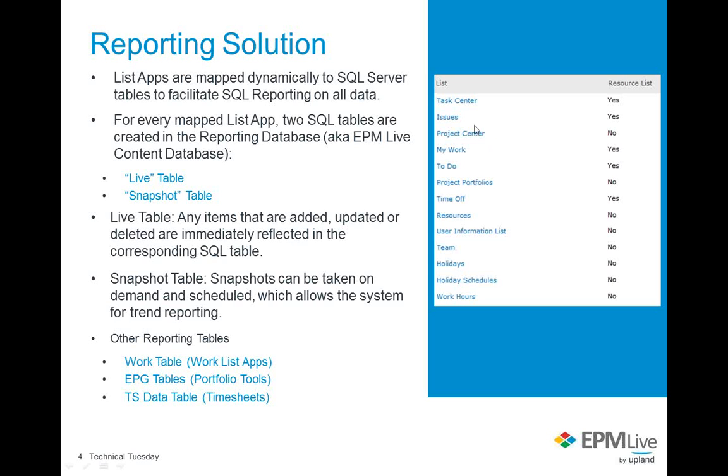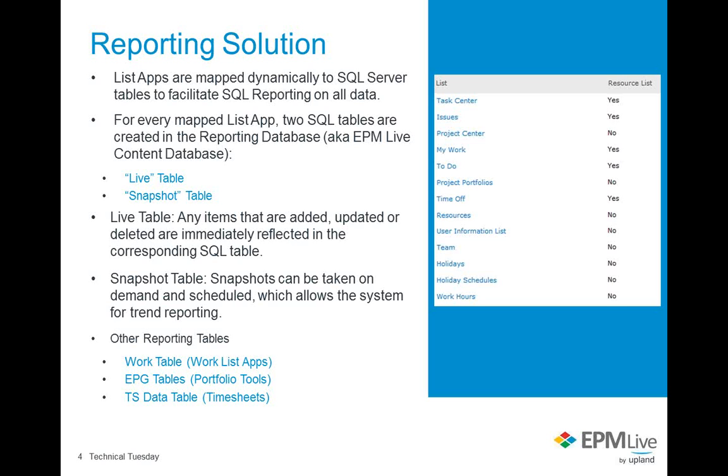So for example, if I create a new issue and I hit save, as soon as that item is added into the site, it's also added into the database so I can report on that new issue created. Now the snapshot table allows for snapshots to be taken, and this allows for trend reporting. So you can see what various data looked like over the course of time, in addition to just the live data as how it is right now.